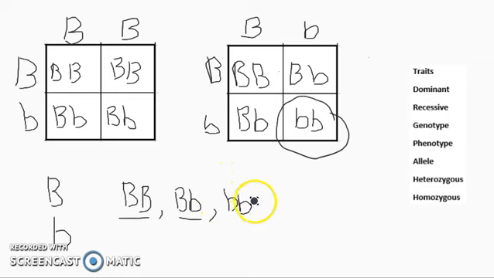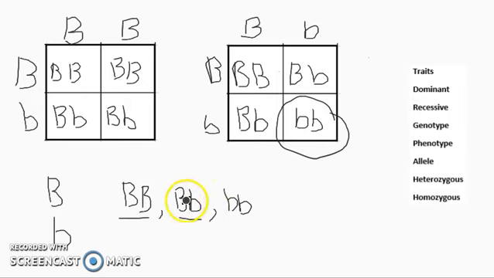The genotype is the pair of alleles. The allele is the individual gene. Okay? So again, genotype is the pair of alleles. Phenotype is the outcome. So in this case, the genotype would be capital B, capital B. The phenotype would be brown eyes.